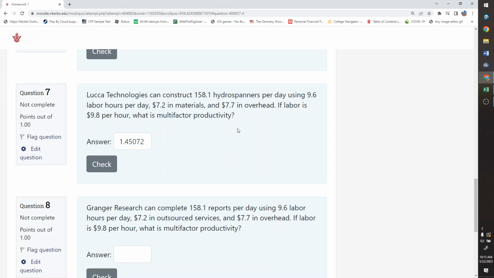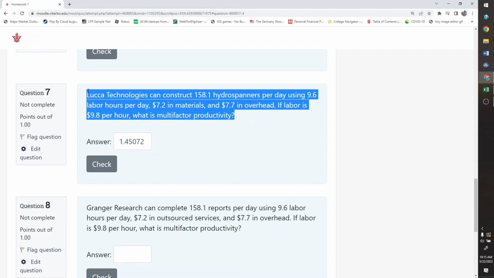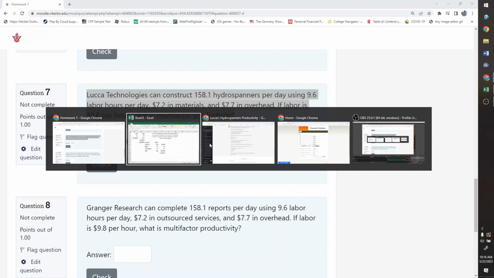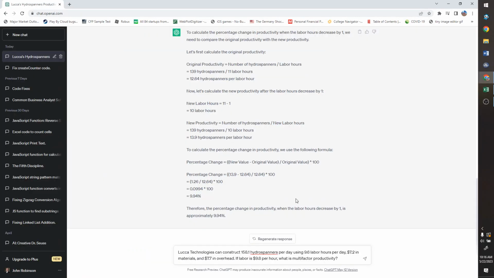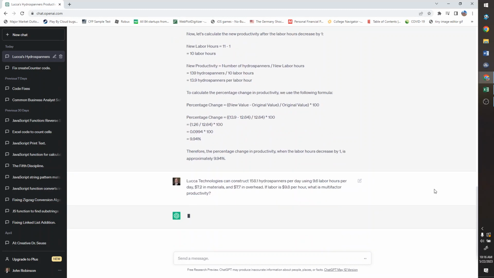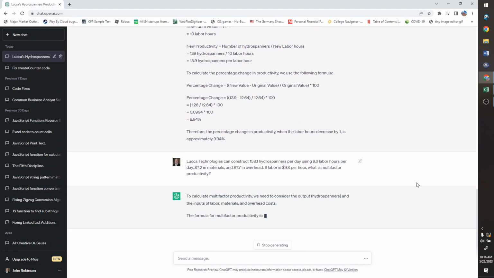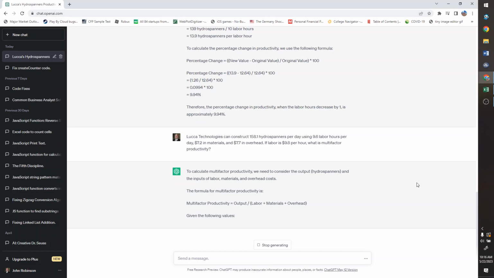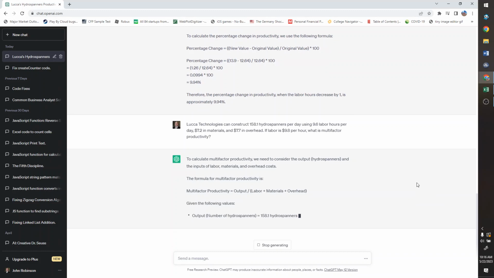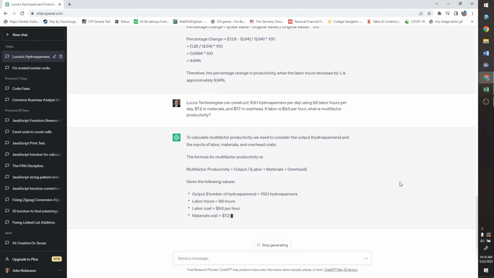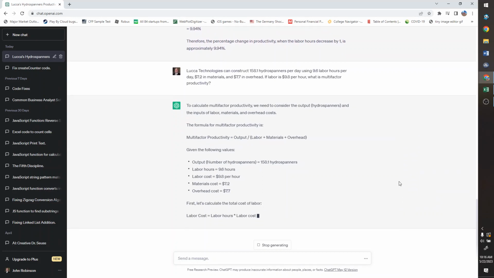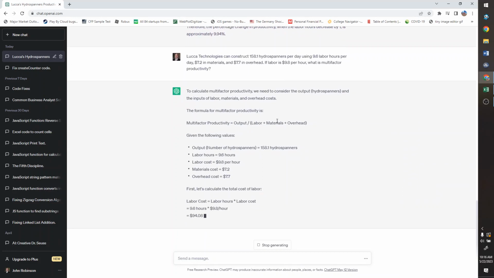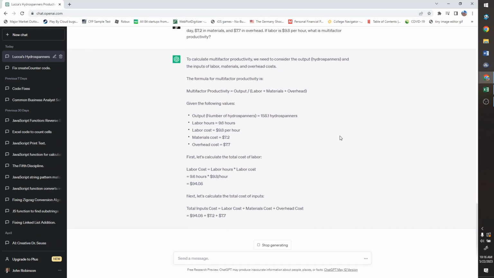Okay. Now let's do the ChatGPT check. See if we can do math. So we want to have the different factors in the denominator.